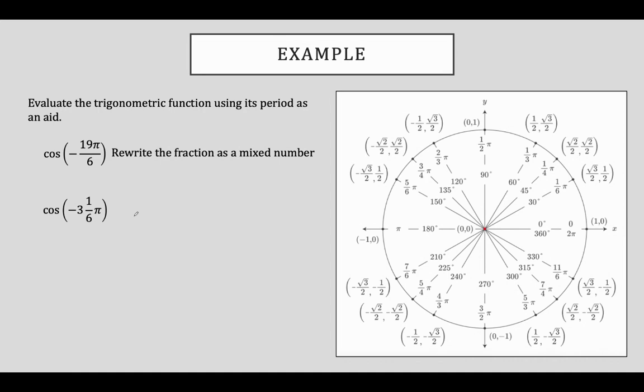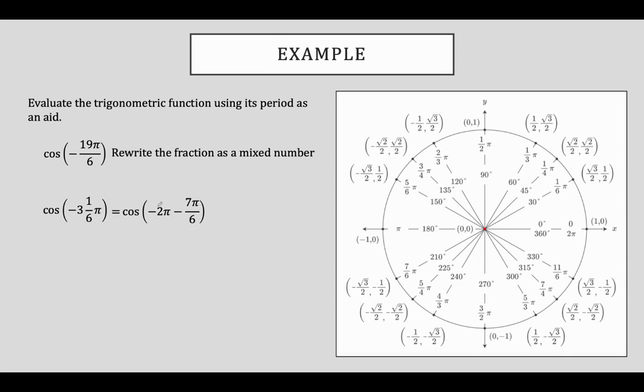So how many complete revolutions are we doing and how much farther do we have to travel? Well, this would be negative 2 pi minus 7/6 pi. Notice negative 2 minus 1 and 1/6 gives us negative 3 and 1/6 pi.